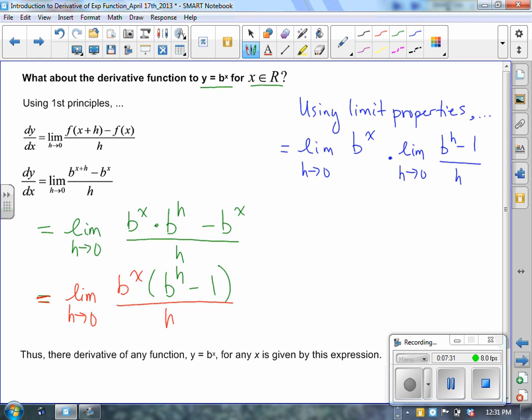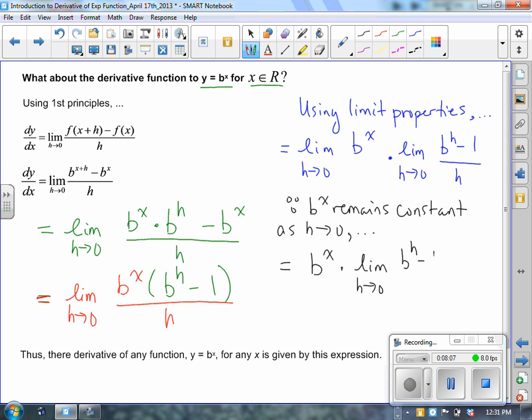Now, since b to the x remains constant as h approaches 0, we can simply write it as b to the x. No matter what h is, b to the x is going to be b to the x. That remains constant. And we multiply that by the limit as h approaches 0 of b to the h minus 1 all over h.